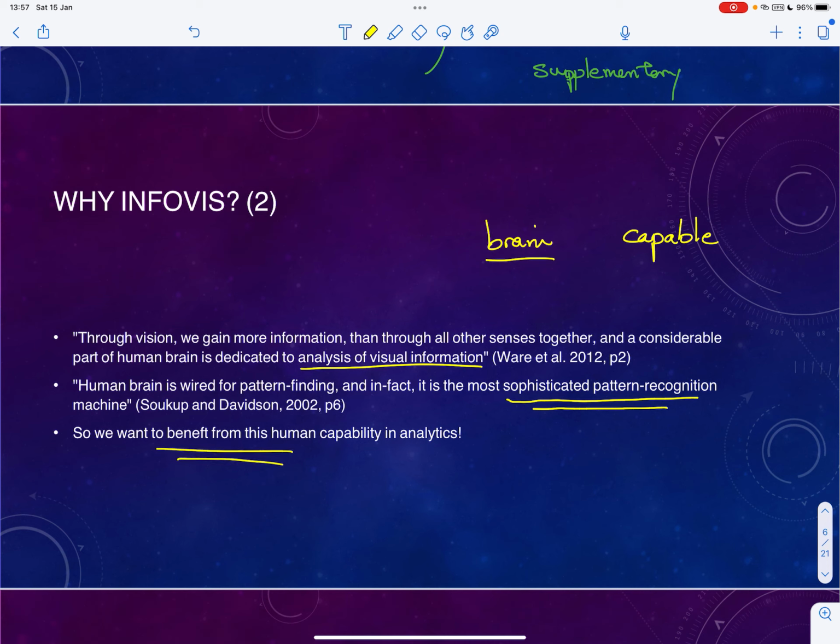So these are all the answers to why do we use information visualization. Because it's efficient, because it's effective, and it's a very, very good supplementary to numerical tools. Because our brain is wired to recognize visual patterns way better than understanding numbers.